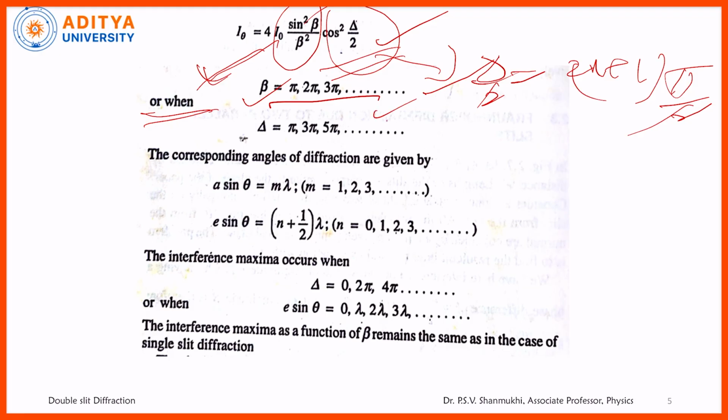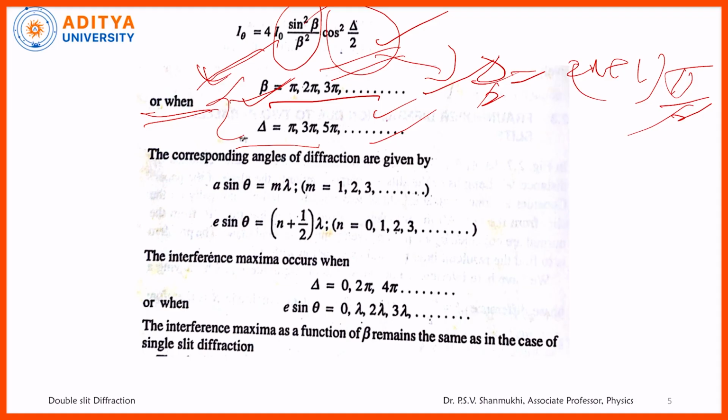So we will get delta is equal to pi, 3 pi, 5 pi, odd values. At the values of delta equal to pi, 3 pi, 5 pi, we get interference minima. At the values of beta equal to pi, 2 pi, 3 pi, etc., we get diffraction minima. These are the conditions of minima in case of interference and diffraction.